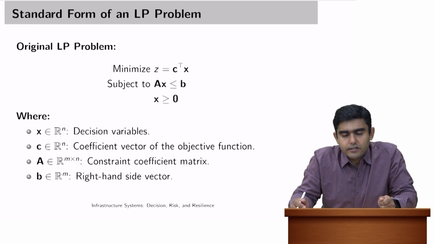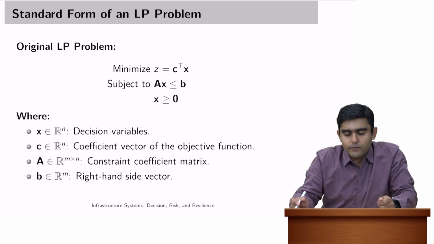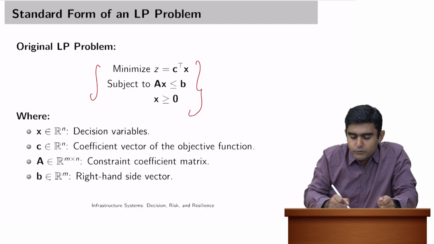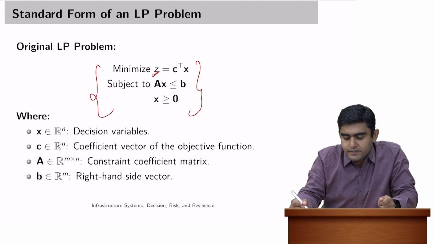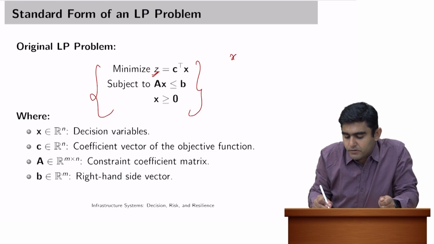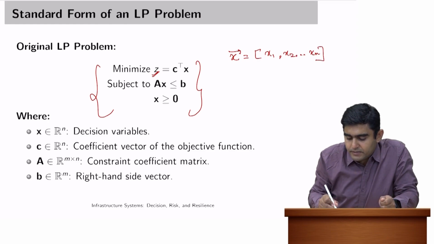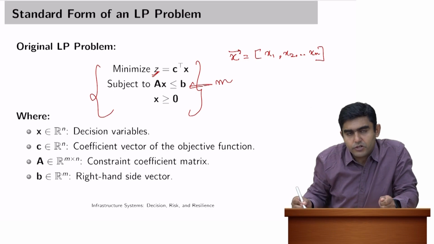Now, if we state a linear programming problem in standard form, it would look something like this: we have to minimize our objective function z = c transpose x, where c is a vector of coefficients and x is the vector of our variables of interest. Again, the x vector can be written as x1, x2, all the way till xn, and it is subject to m constraints.